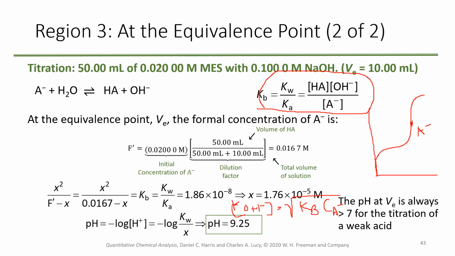So to make your life better, write out the equation you're going to use. Let's say I need to solve this quadratic. I'm going to say, here's the formula I need to use: Ka is equal to X squared over the formal concentration minus X. Then I'm going to do the next step where I actually throw in all the numbers. So I'm going to leave X and I'll write out what the Ka is.